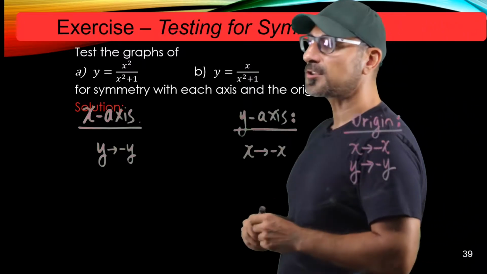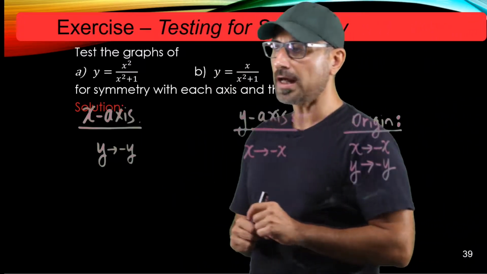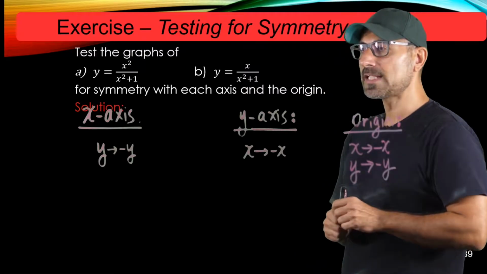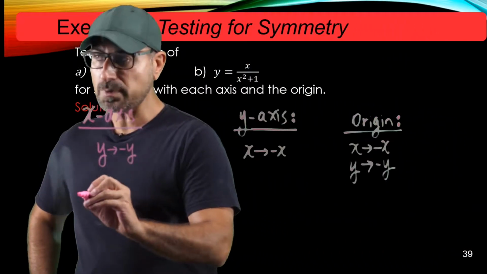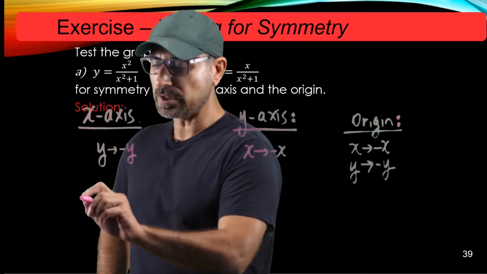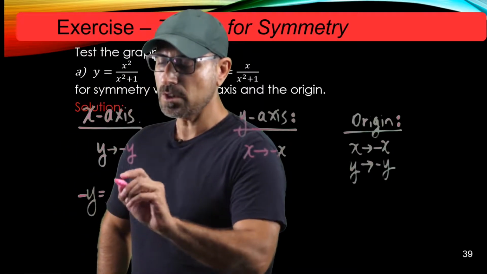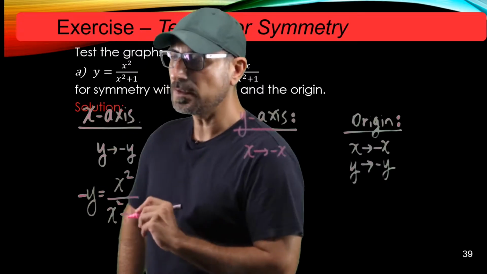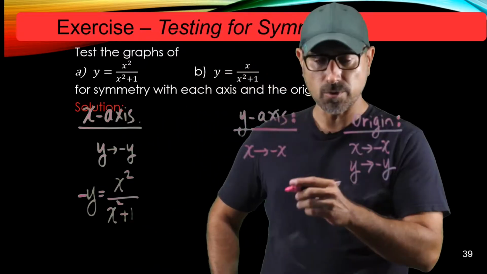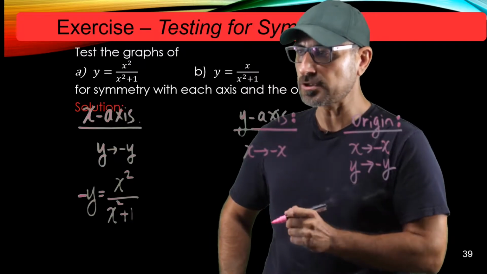So the first function that we're dealing with is y equals x squared over x squared plus 1. So let's try this. I'm going to replace y by minus y. So here we go: minus y equals x squared over x squared plus 1. Let's write them all and then judge the symmetry at the end.